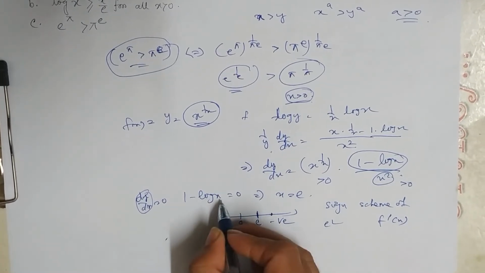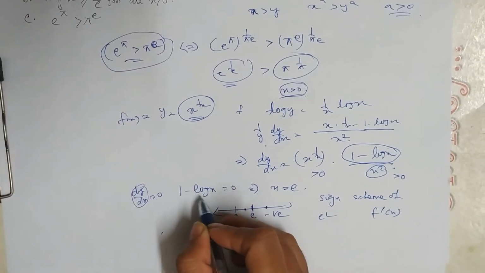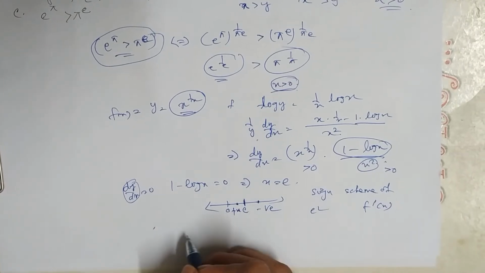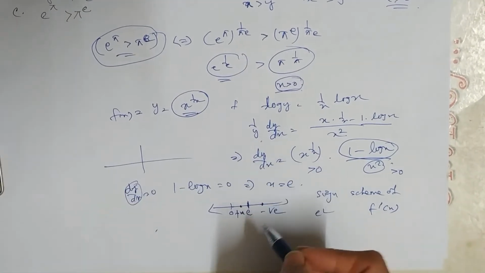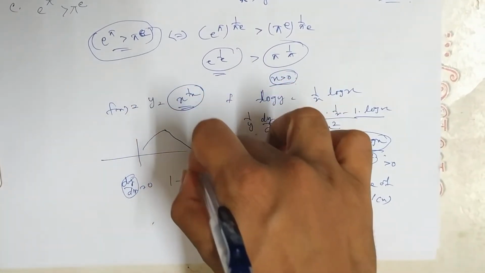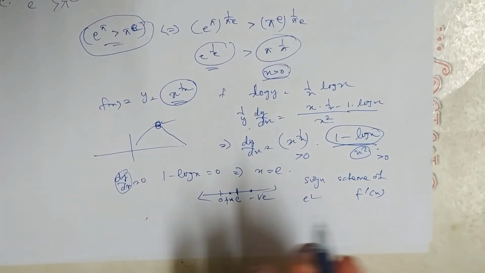Then take 1 by e inside: 1 plus 1 gives positive. So if you draw the graph of f of x, it is increasing then decreasing, and at e we have the maximum value.